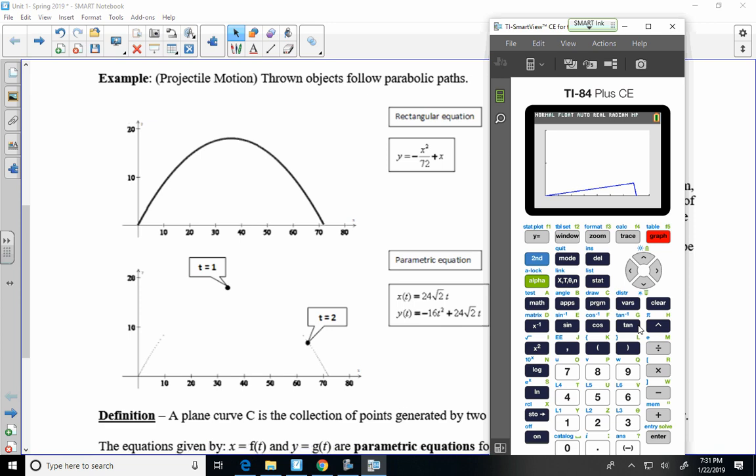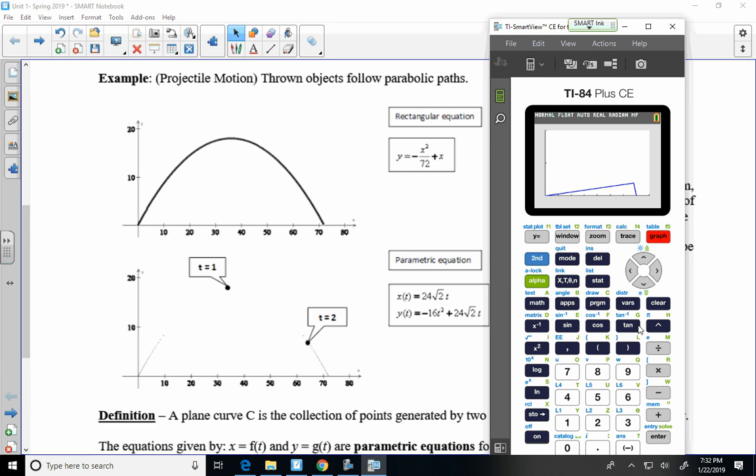But when I change the step, what I'm telling the calculator to do is give me a point every 2 seconds. So it'll give me a point at 0, the beginning of my domain. Then it gives me a point at 2, which corresponds to this location. It plots a point. And then 2 seconds after that, it plots a point. And then connects it all with straight line segments.